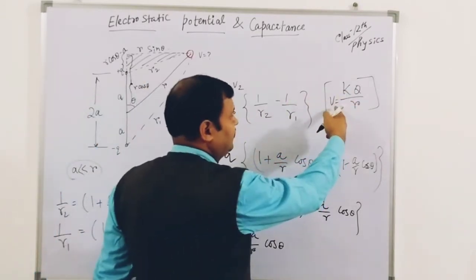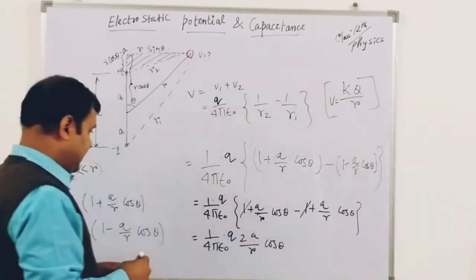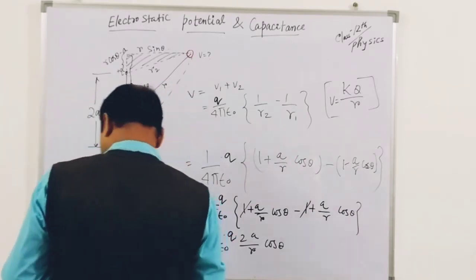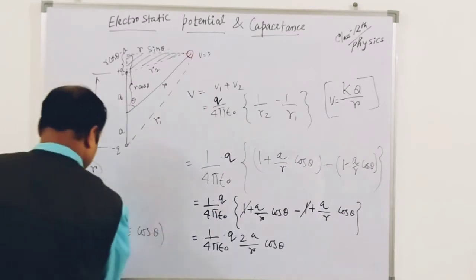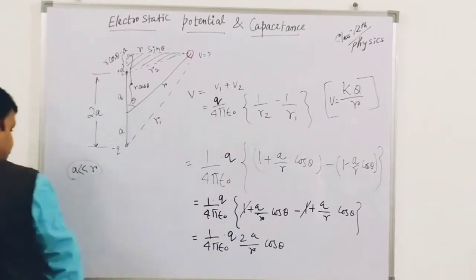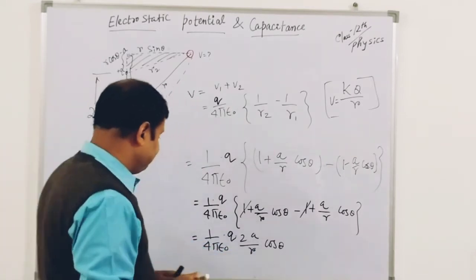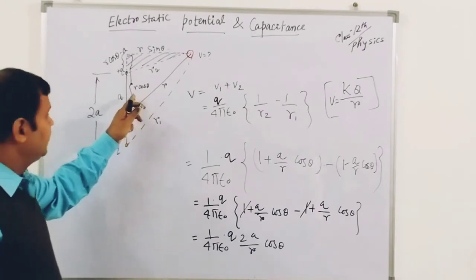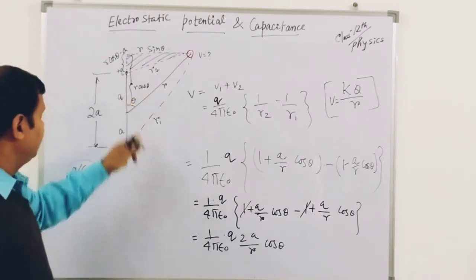As the formula we have seen, V equals kQ by R. Now you see, as you read earlier, the moment of an electrical dipole, what is this?